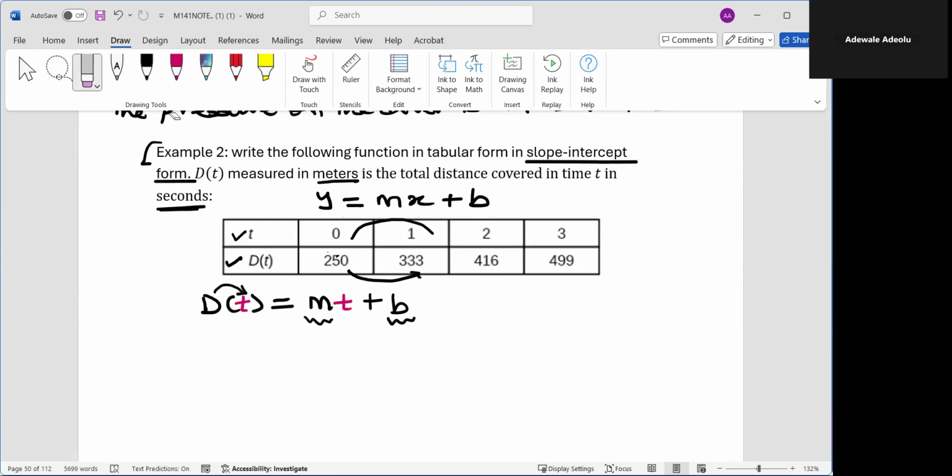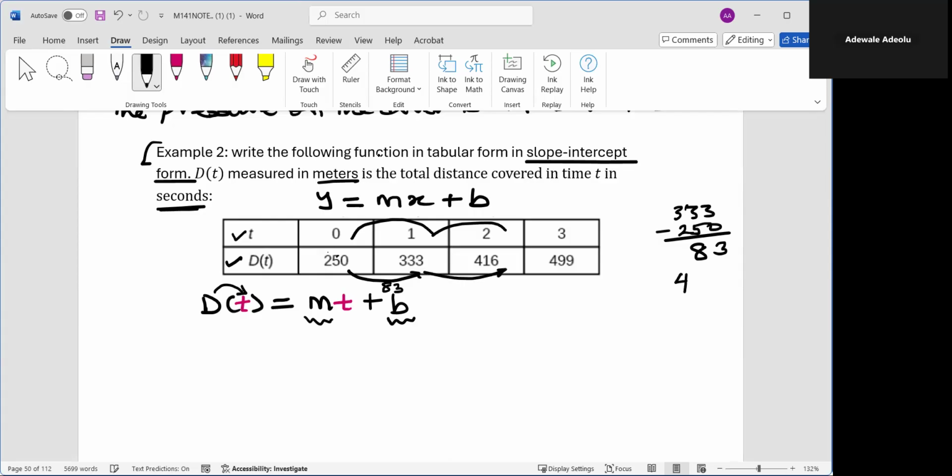Now, when it moves to 1 second, what is the change? That is 333 minus 250, which is 83. It also moved from 1 to 2, another second.